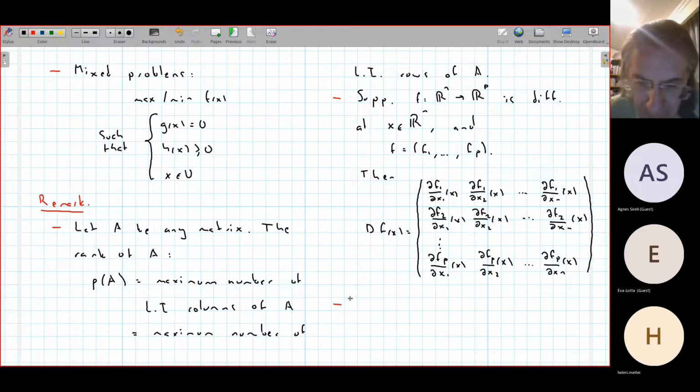And finally, we should probably mention explicitly that Lagrange's theorem is used for solving equality constraint problems. So this theorem is actually the most important tool to solve that kind of problems.